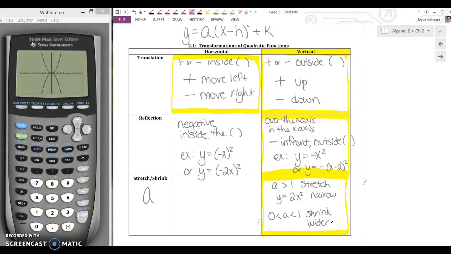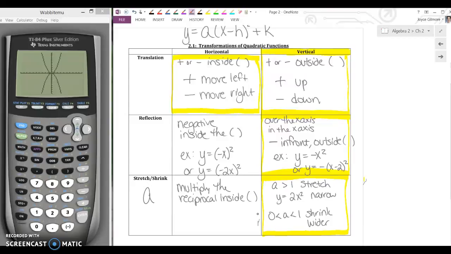Okay. A horizontal stretch and shrink is really messed up and weird, and I will never put it on a test. A vertical stretch or shrink, you multiply the reciprocal inside the parentheses.